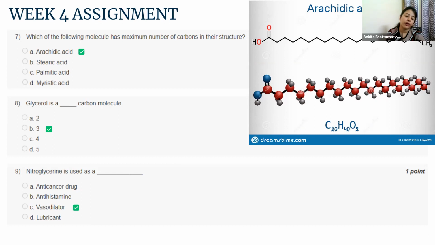Then, if you remember, nitroglycerin is used as an anti-cancer drug, antihistamine, vasodilator, or a lubricant. It's used indeed as a vasodilator, which basically means it's involved in dilation of blood vessels, which increases the cross section through which blood can flow.